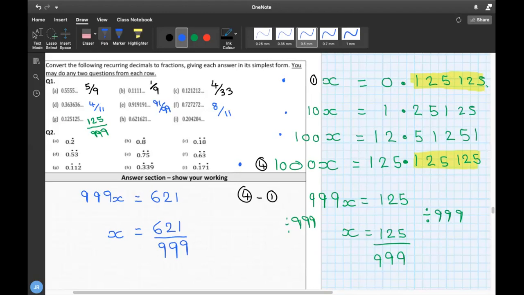This is another one of those fractions that can be simplified. So let's have a think. If it's in the 3 times table, yep, that will work. So we could divide them both by 3, and we'd get 207 over 333. Could we divide that even further? Let's have a think. 207.